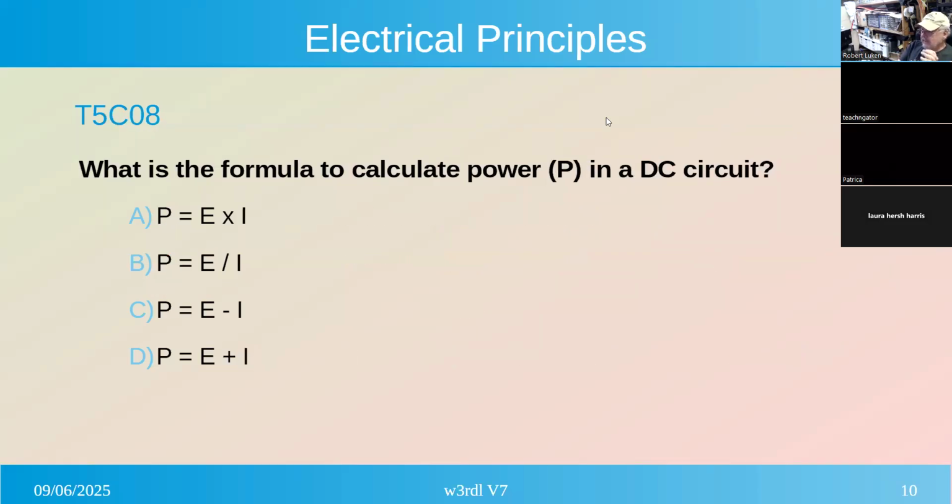So what's the formula to calculate power in a DC circuit? Alpha. E equals I over E. Whoops. Remember your little pie chart.